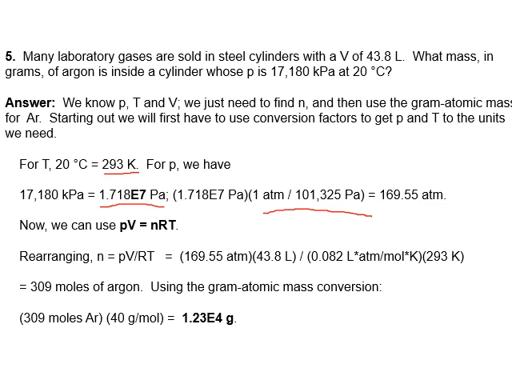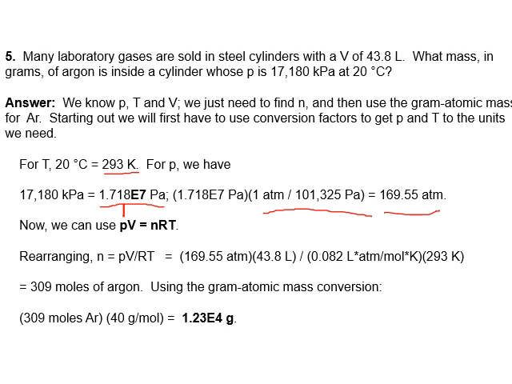So you're basically just dividing this by 101,325. At the end of the day, we wind up with about 170 atmospheres, which we're now going to plug in right here.